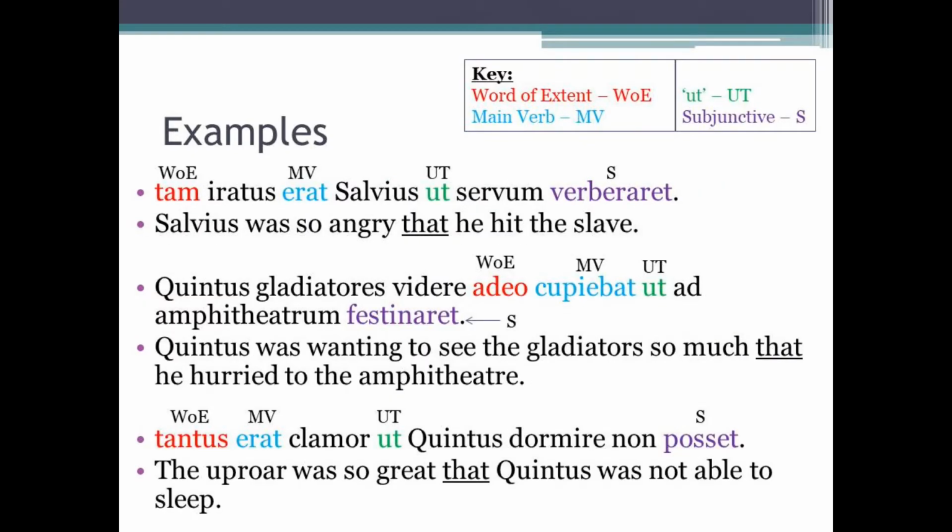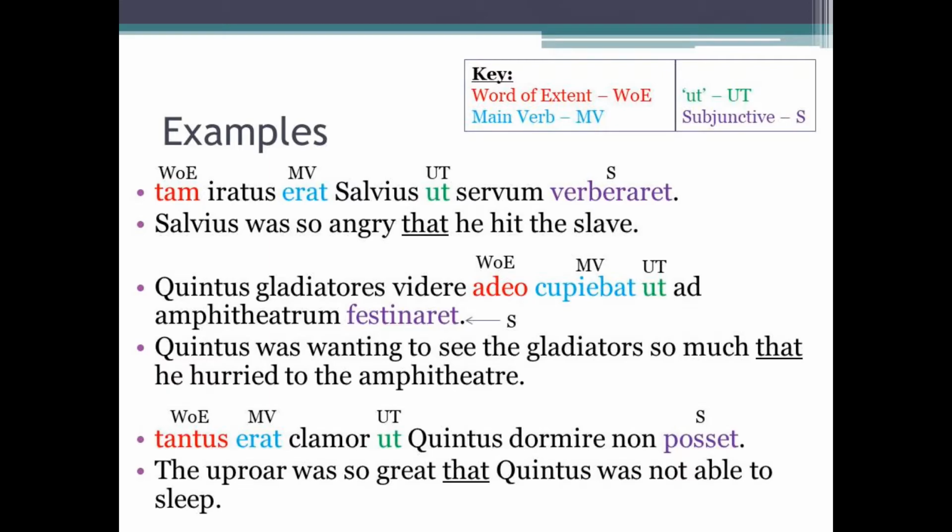Now, let's have a look at a few examples of result clauses. Tam iratus erat Salvius ut servum verberaret. Salvius was so angry that he hit the slave. Quintus gladiatores videre adeo cupiebat ut ad amphitheatrum festinaret.